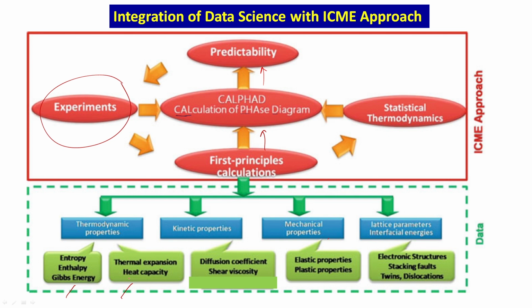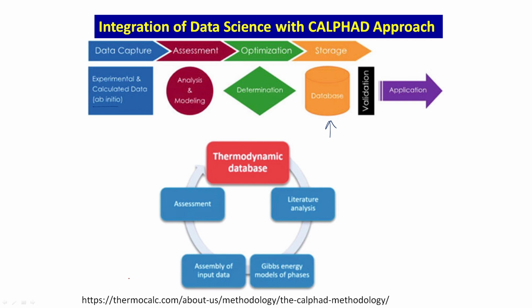So, these can all be obtained from these calculations or even experiments. So, these all together basically constitute a lot of data, that is what we are talking about. So, now we have to integrate this data science which you are getting with the CALPHAD, then only it can provide you the best possible information.